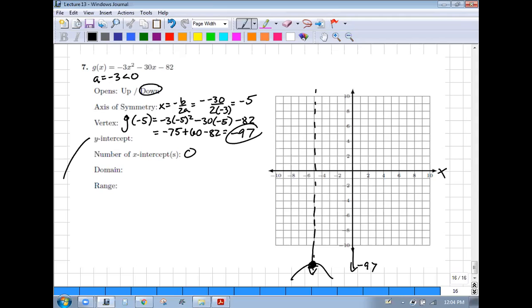To find the y-intercept, we just plug 0 into our function. Notice that makes that 0 and that 0. We get negative 82. So somewhere down here at negative 82, that can't be right. Our vertex is at negative 97, opens downward.